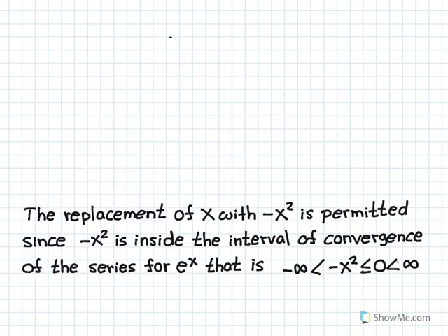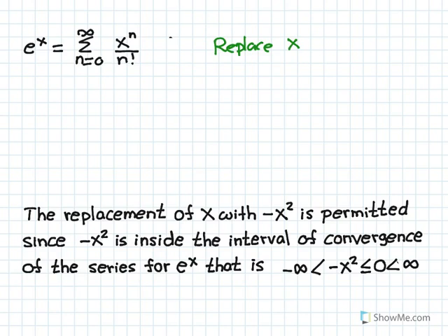All right, so we have e to the x is equal to summation n equals 0 to infinity x to the power of n divided by n factorial. Let's replace x by minus x squared.